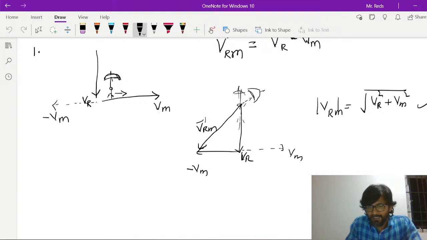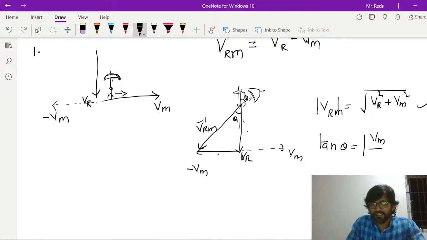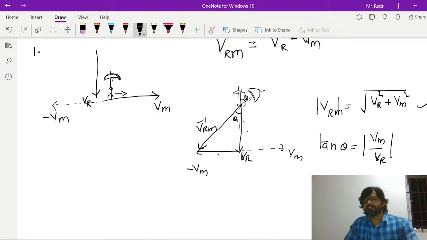If this is vertical and he rotates through some angle theta, then tan theta is equal to opposite side by adjacent side. The opposite side is the modulus of Vm, and the adjacent side is Vr, so tan theta equals Vm by Vr.